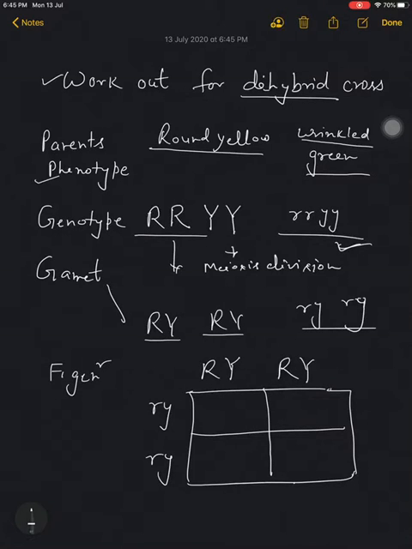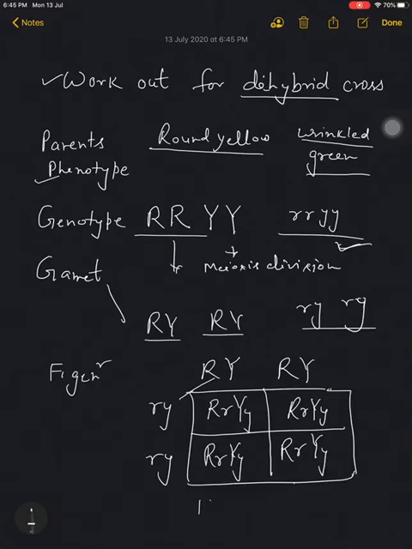Now what happens after fusion? We get capital R, small r, capital Y, small y, in all four boxes.